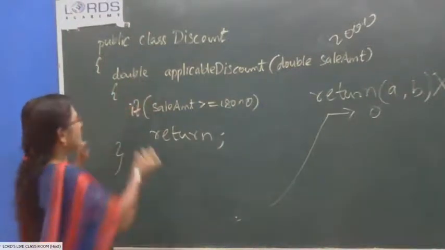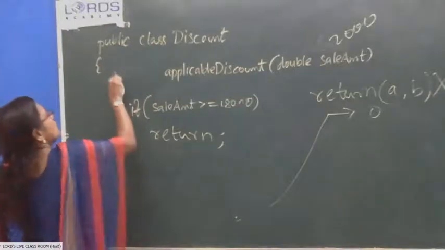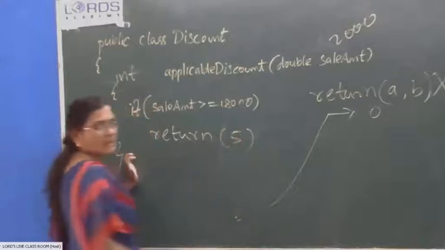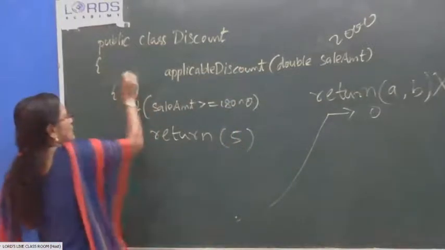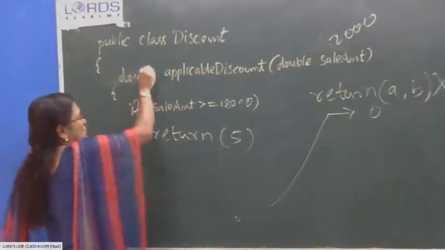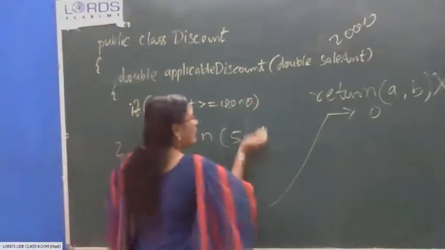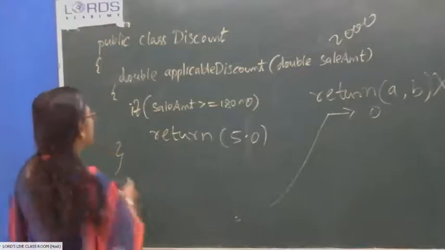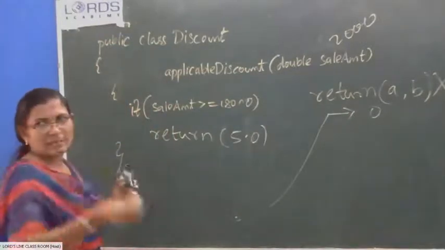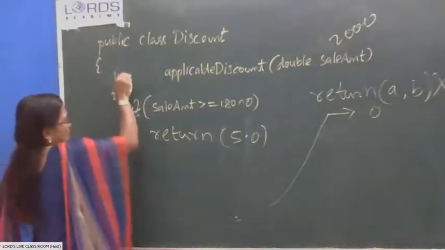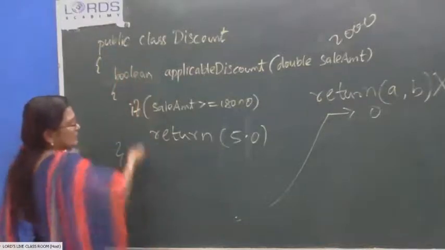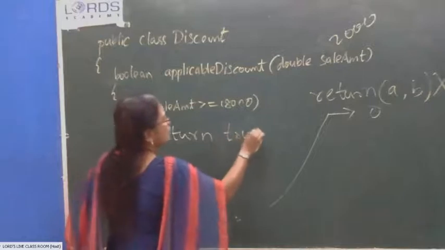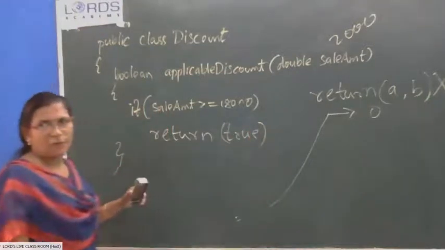If you have given int here, you are supposed to return an integer value. Return 5, an integer value. If you have given float or double, you are supposed to give the return value as 5.0. If it is boolean, we have seen a program with the boolean return data type. Here the return value should be true or false. Return true or return false.